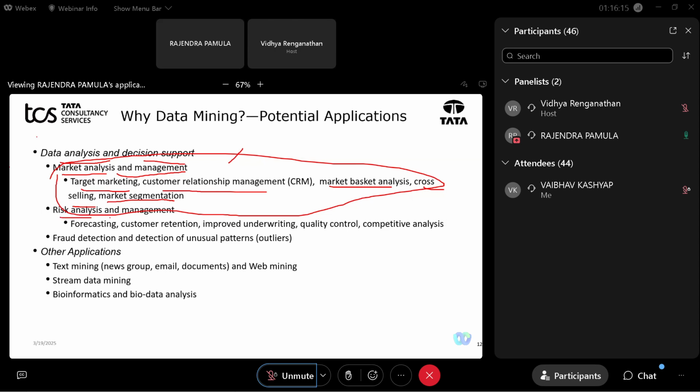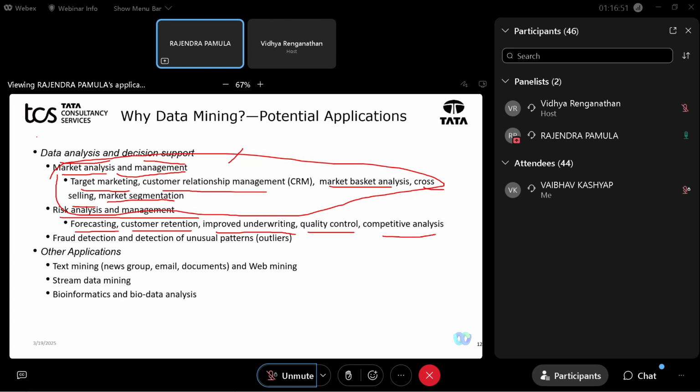And we can also use it for risk analysis and management, like forecasting, customer retention, improved underwriting, quality control, competitive analysis.